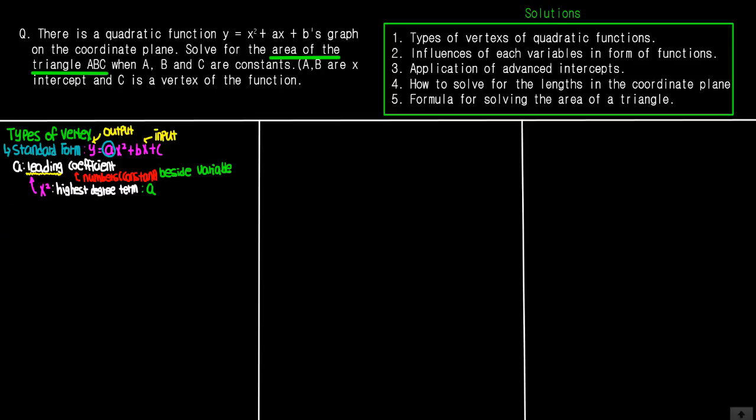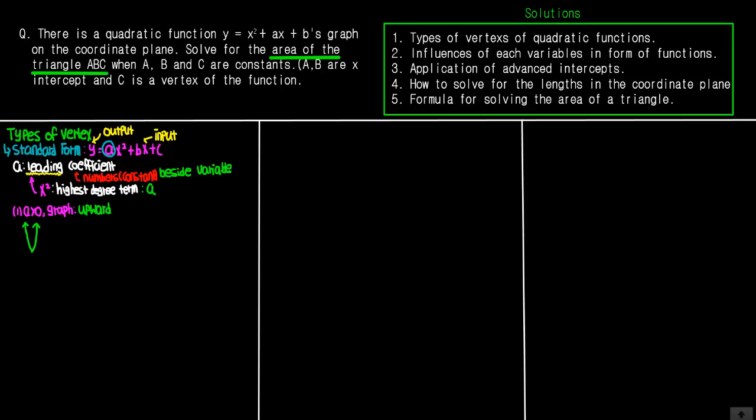The first type of graph is defined when our a value, our leading coefficient, is greater than 0, which means when it is a positive value, the graph of our quadratic function opens, or we can say goes, upward. When the graph opens upward, for example, it will look something like this, and it keeps going upward.